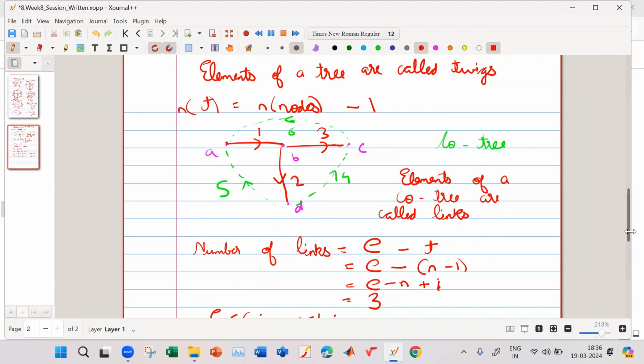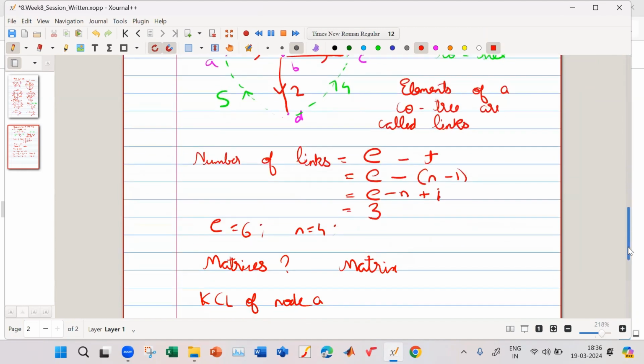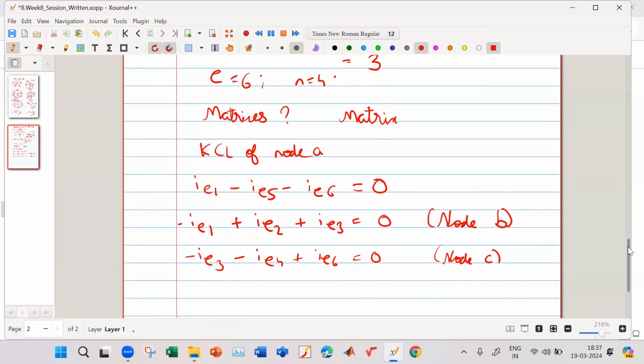So I write the lowest number first: minus IE2 plus IE4 plus IE5 is equal to 0. I advise you to write it in ascending order, 1, 2, 3, so it becomes easier when you write the matrix.